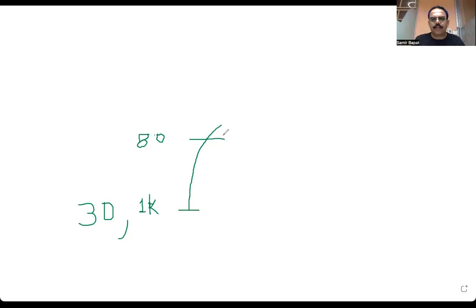Few people will think, okay, tomato has become 80 rupees, let's reduce the consumption. Maybe people will reduce to 750 grams per day for a family. How many of you agree that if it goes from 30 to 80, the consumption will reduce? Maybe few families will still take 1 kg, few families will take half kg. On an average, the consumption will go down.